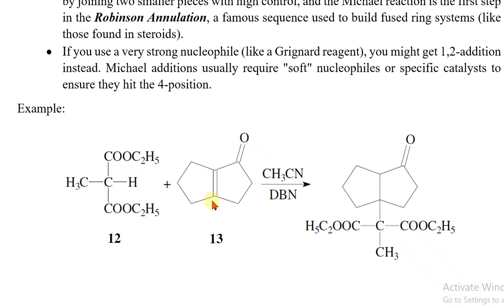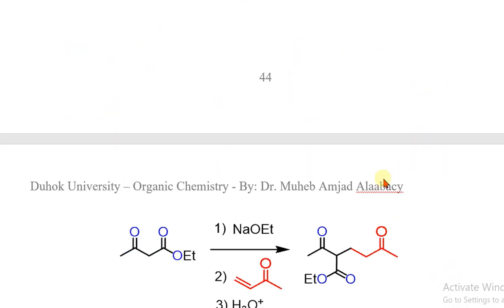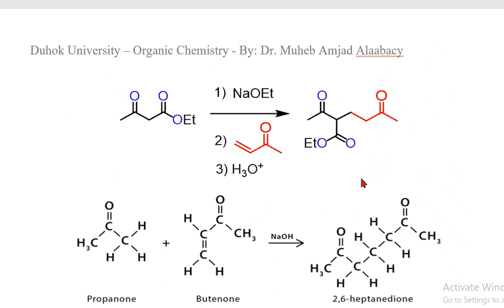This position, and it will give you the product under the same mechanism. Look at this example also. By the base it becomes a carbanion, and the carbanion is added to this carbon. So between this and this carbon, we have a new carbon-carbon bond. This is the new carbon-carbon bond, and this is another new carbon-carbon bond.